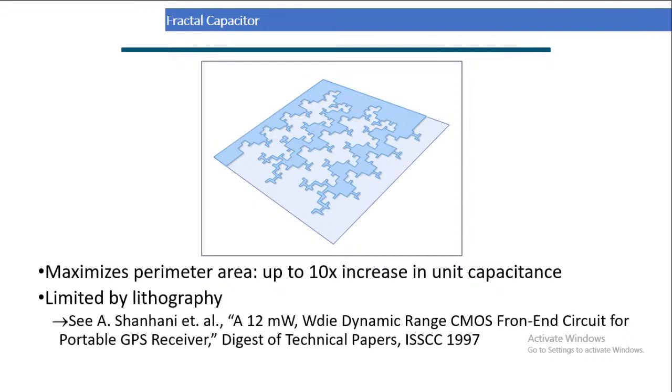How much increase you can achieve, the largest length you can get, depends on the photolithography technology you have at hand. Otherwise you could go up to a 200 or 1000 fold increase in capacitance. But with the photolithography available today, it can go up to 10 times.